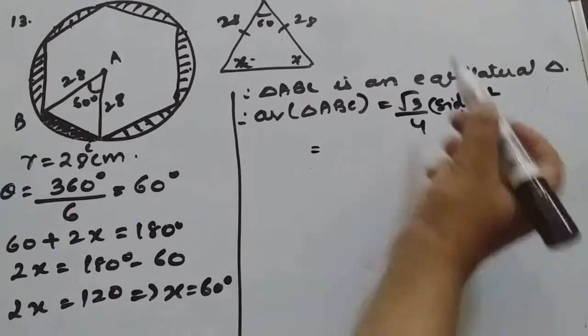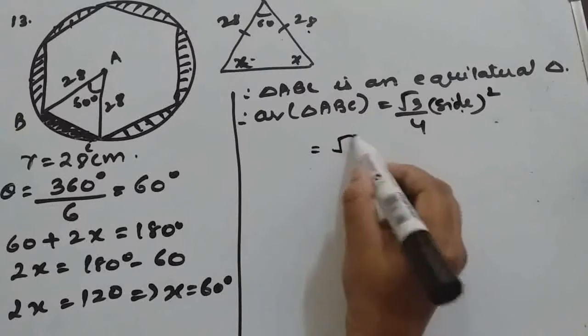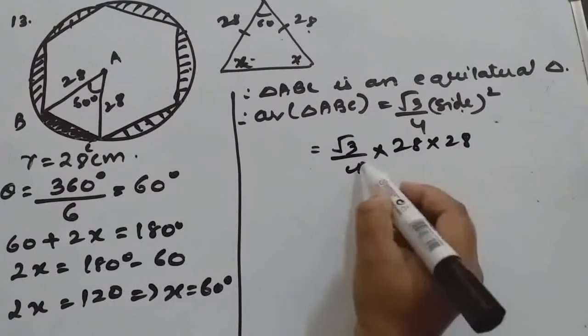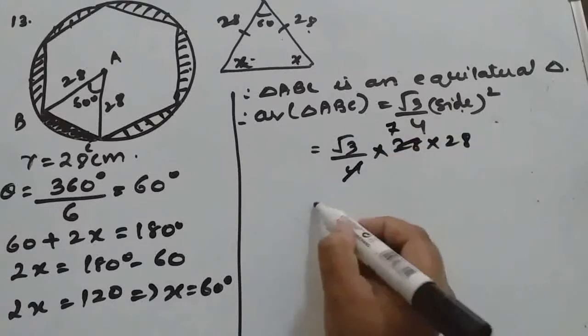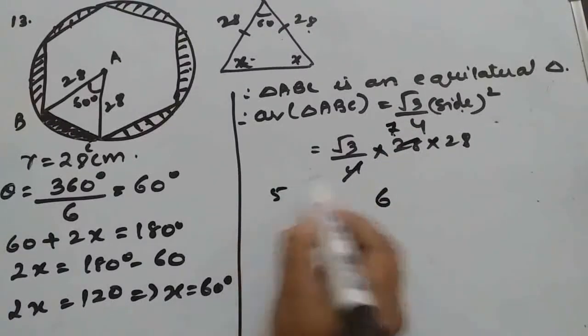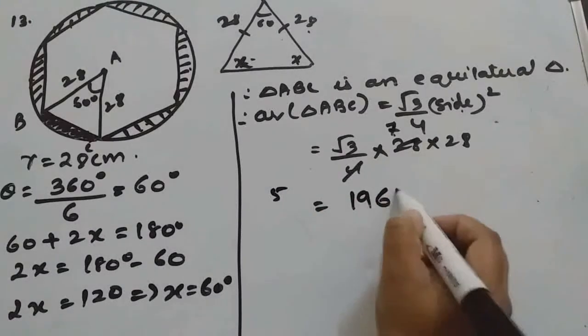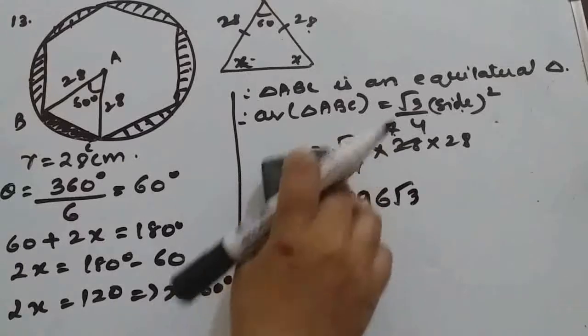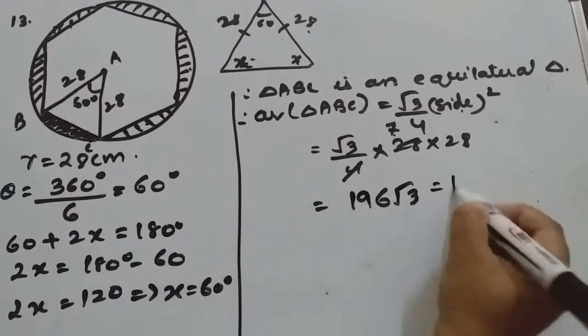Where side is what? Radius only, 28 will come. So 28 into 28. So 4 sevens we can write. From 7 we can multiply. 196 root 3. Now root 3 value is given in the question, that is 1.7.